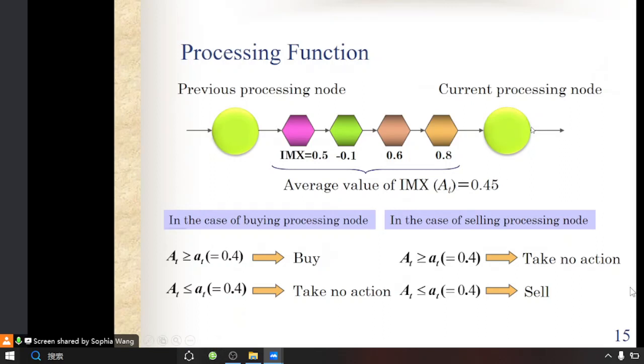So in the current processing node, in the case of the buying processing node, if the robot moves to the buying processing node and A is larger than the threshold, then the robot will buy stock. If less than that, then take no action. In the other case, the selling processing node, if larger than the threshold, take no action, and if less than the threshold, then sell. So we can say that this is the processing function of the judgment node and the processing node.